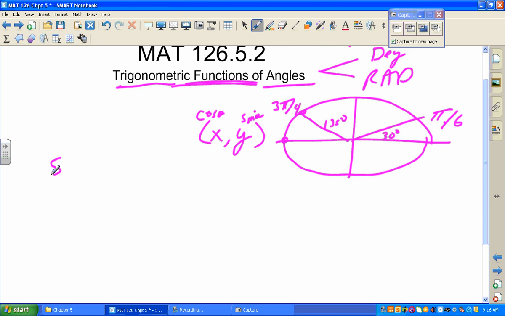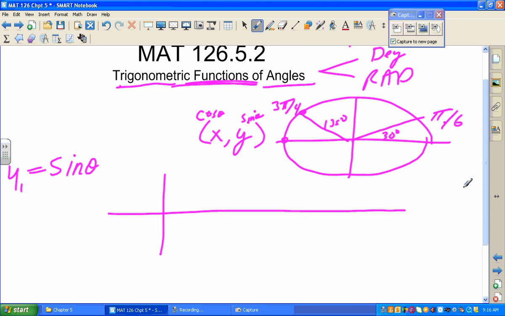So if we want to do the sine of theta, that equals y, and we will make a graph, we're not going to make a circle. We're going to make a picture that looks like, say, the absolute value, or say like the square root, or say like x squared. We have to be able to graph it out. And to do any trig function, okay, we have 5 critical points.